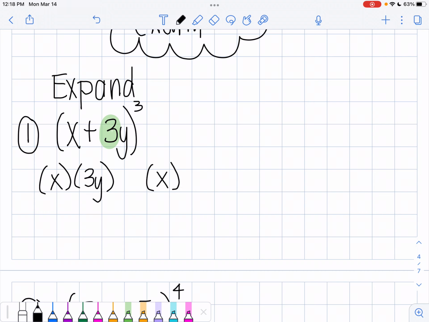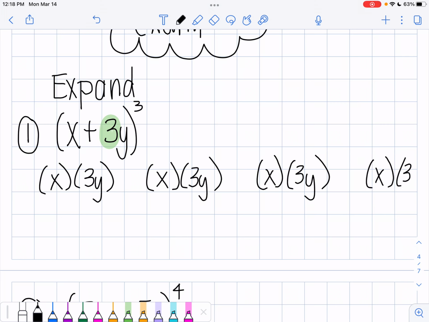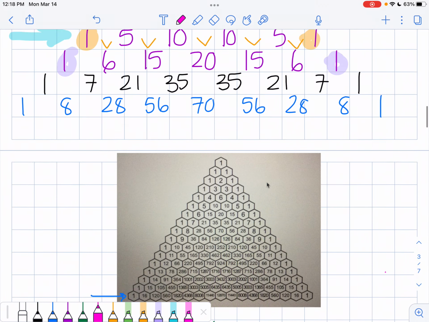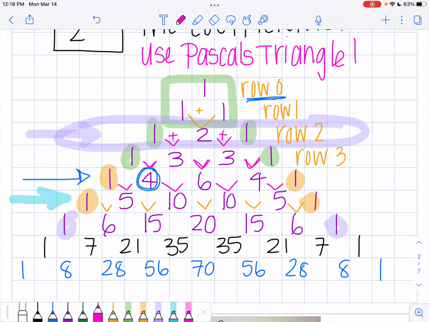I have x and 3y, x and 3y, x and 3y. And I have my exponent, so this is going to be 3, 2, 1, 0 and 0, 1, 2, 3. And raising it to the third power, if I come up here to Pascal's triangle, my third row is going to be right here. It's 1, 3, 3, 1.